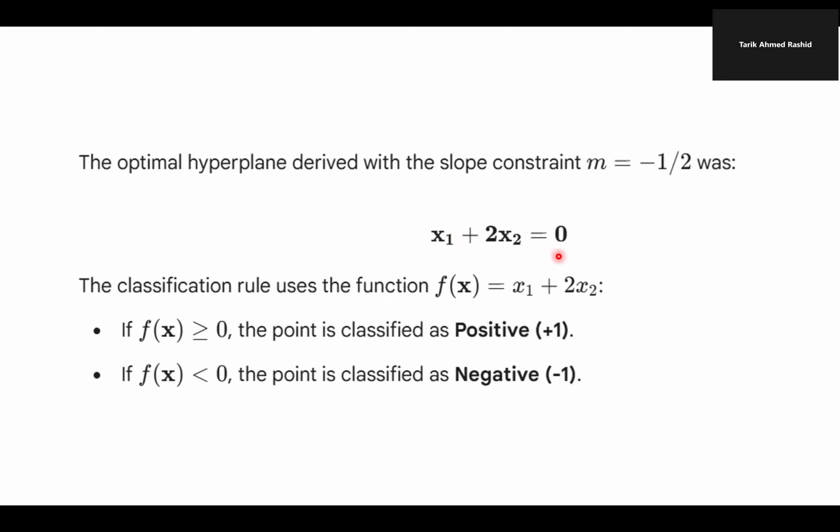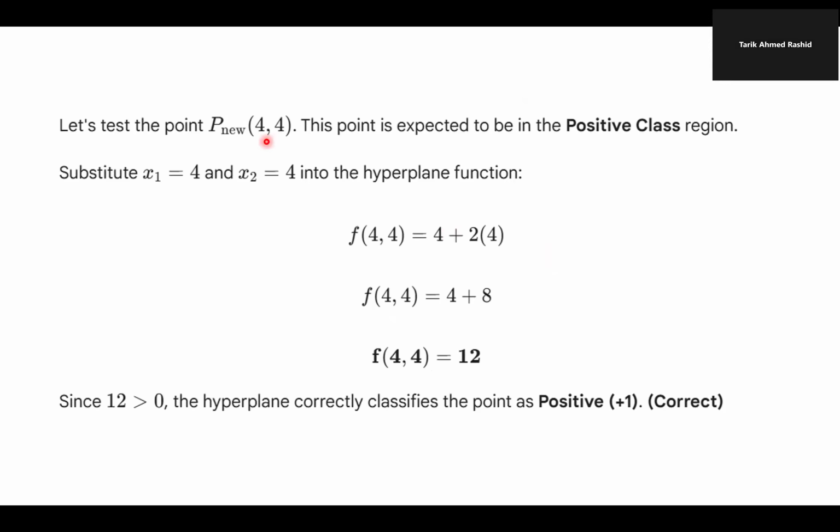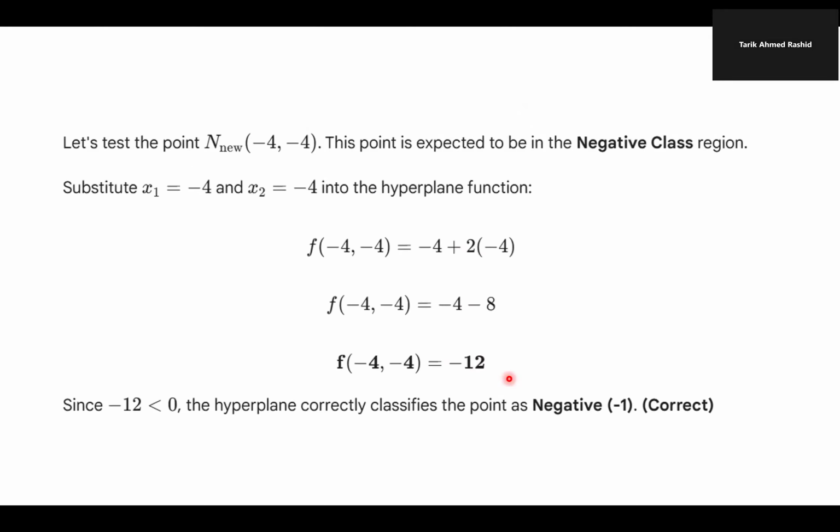So let's take an example: 4, 4. Plug into 1 x1 plus 2 x2: 4 plus 2 multiplied by 4, which is 4 plus 8, 12. So this is greater than 0, that's a positive point.